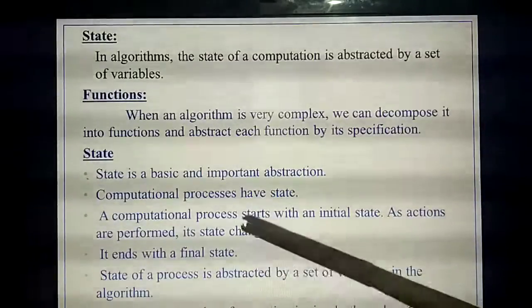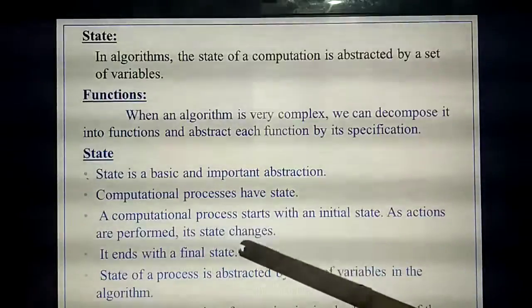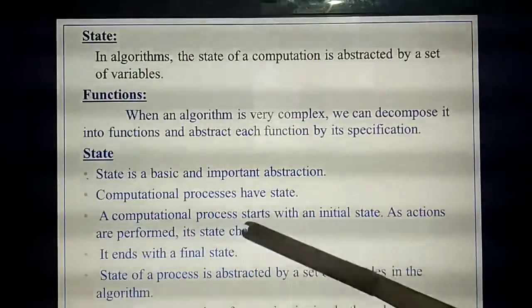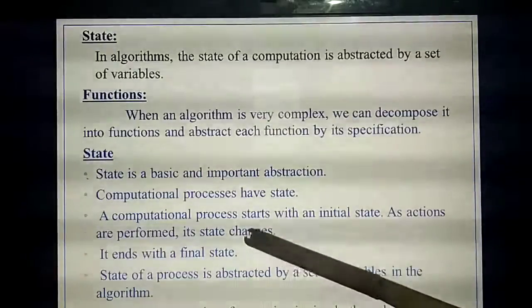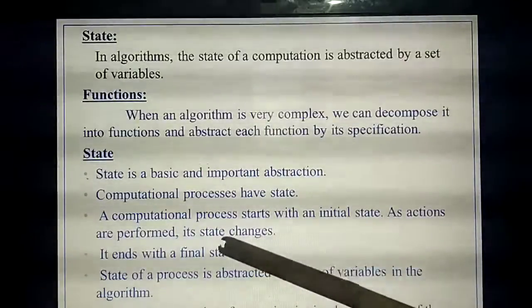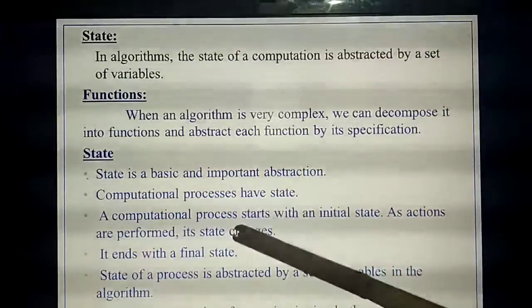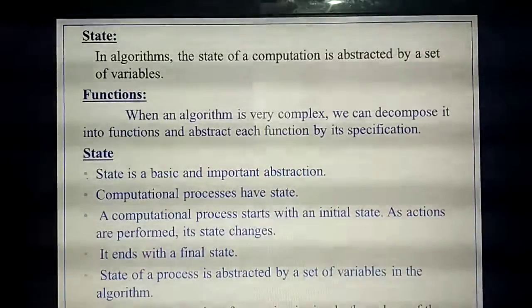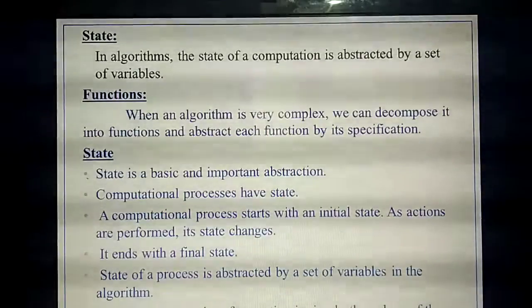That means the values of variables are changing. Initially 5 and 10 you are giving. What's the final answer you will get? 15. Not the same value, so the state is changing. It ends with final state, that means c equal to 15. The value you are getting as the output is called which state? Final state. Understand now?